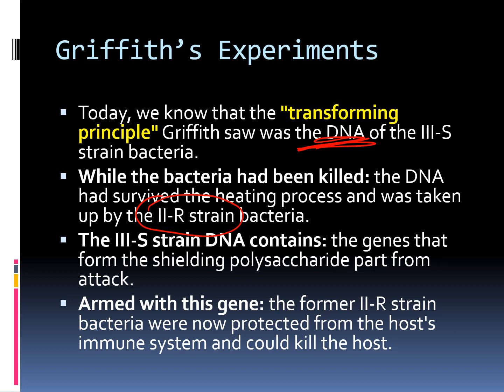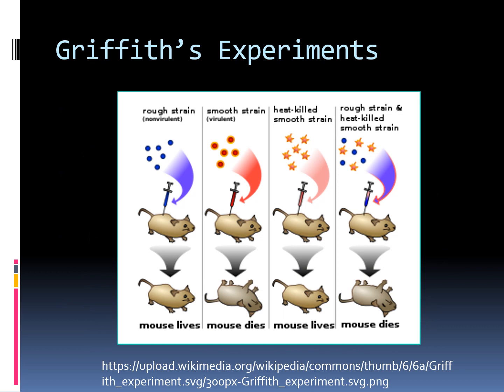The smooth strain bacteria contains the polysaccharide that protects the bacterium from being affected by whatever it's trying to infect. So just looking at this is the best way to describe it. The rough strain is injected into the mouse, and the mouse lives. You have the smooth strain, and then that mouse dies.